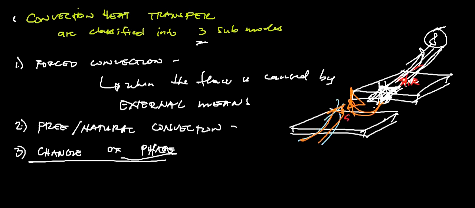So there is a heat transfer there between your solid surface and the air. This one here is an example of free or natural convection. Once again, always remember, free or natural convection is induced by buoyancy forces due to the temperature difference, and this one here is forced convection if the motion of our fluid is caused by these external means.